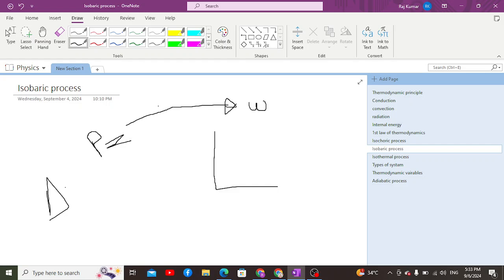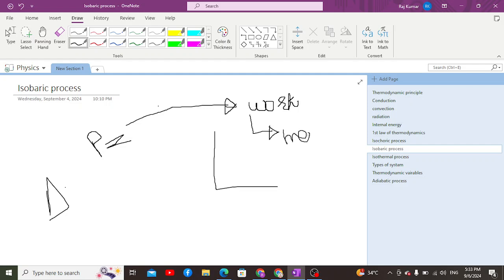The difference over here would be that as the pressure is kept constant, the work done would be maximum, because the pressure being constant, not being increased, not being decreased, will cause the rapid increase or decrease in the volume of the gas, due to which the work done would be maximum.